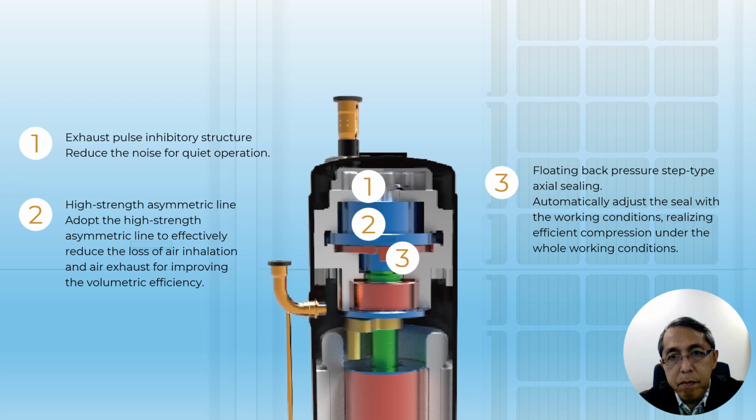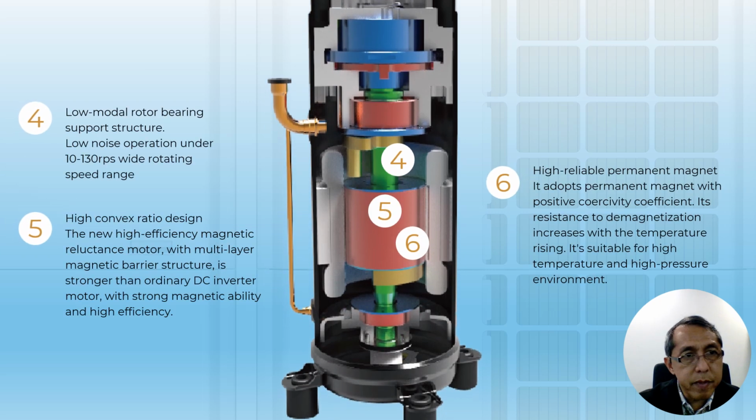For the floating, it has a floating back pressure step-by-step axial sealing which automatically adjusts the seal with the working condition, realizing efficient compression under the whole working condition. It uses a low modal rotor bearing support structure for low noise operation under 10 to 130 revolutions per second wide rotating speed range.